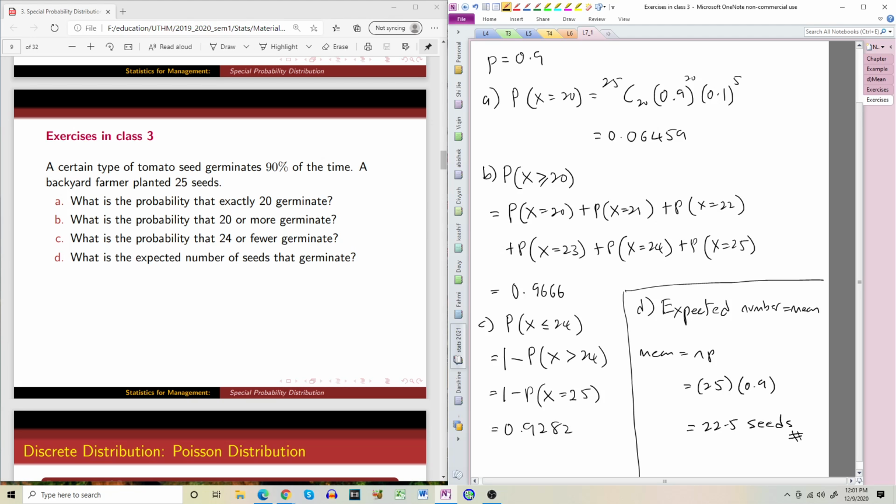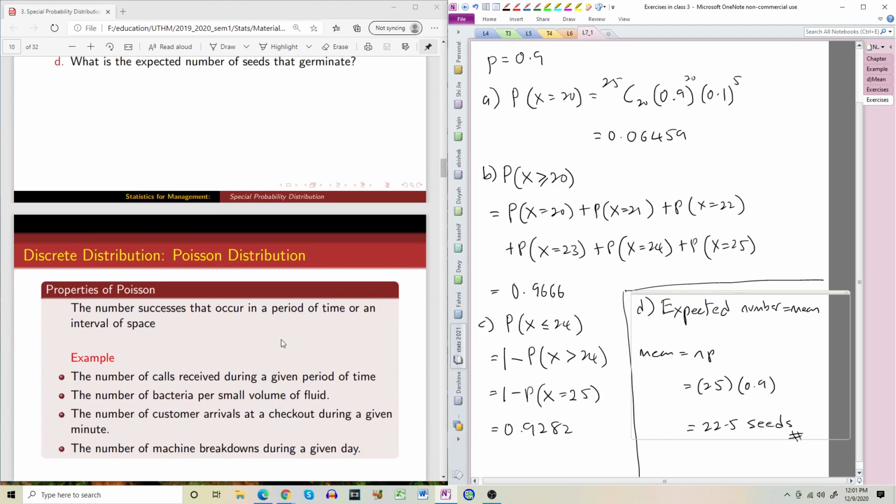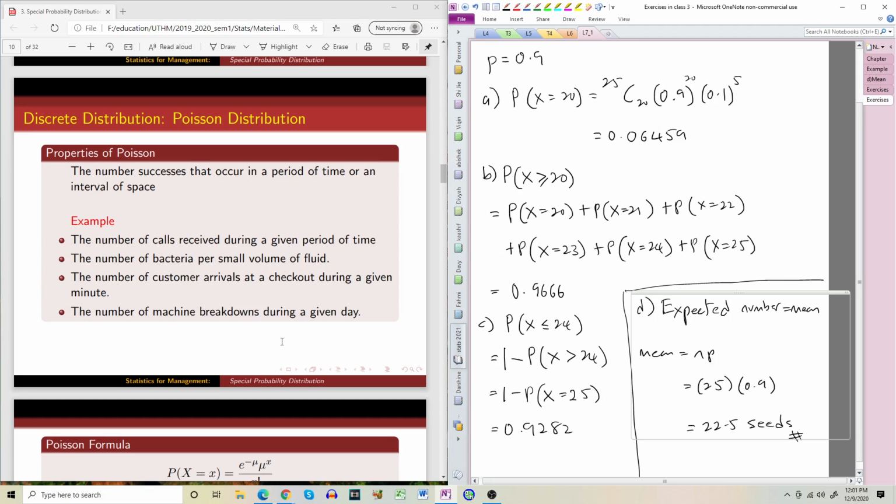Now we are going for the second type of discrete distribution, which is Poisson. It is going to be almost exactly the same thing as how we have formula for binomial, we do have formula for Poisson. It's just the conditions now a little bit different.